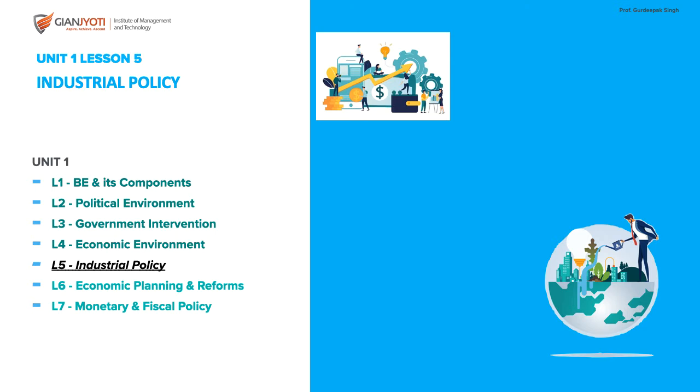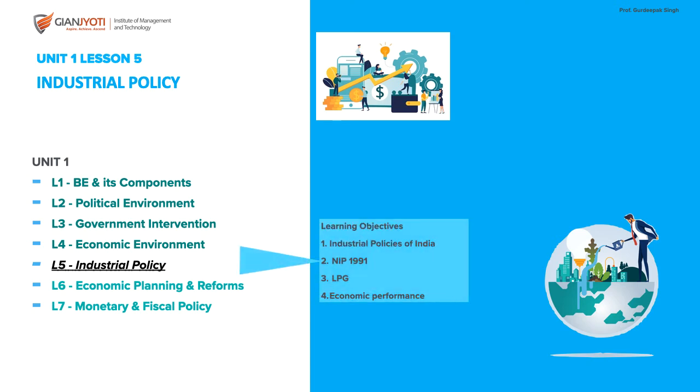And now let us talk about the economic policies, which started as industrial policies. The learning outcomes are industrial policies of India after independence starting from 1947. Then there was a major shift in 1991, what we call even today the new economic policy or new industrial policy.